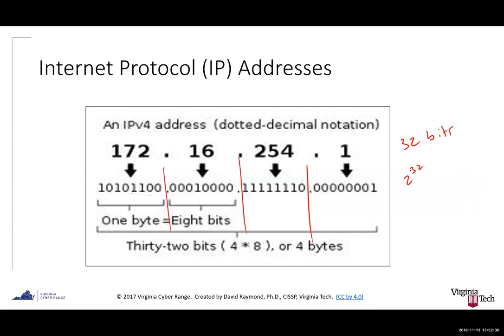Base 2 numbering system, 32 places, so 2 to the 32, and that equals roughly 4.2 billion devices. Okay, so if every device in the entire internet has to have a unique IP address, then we could have a total of 4.2 billion devices in the internet.